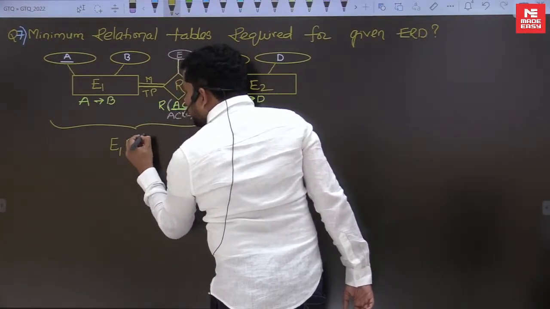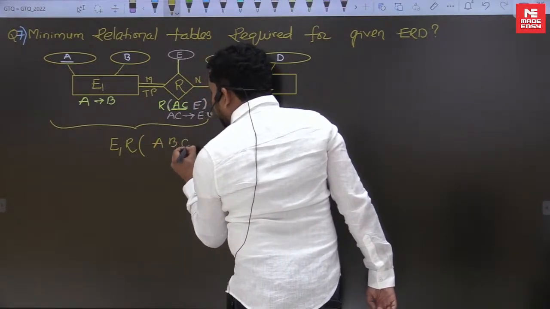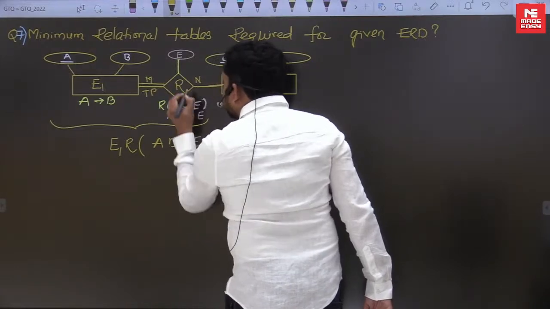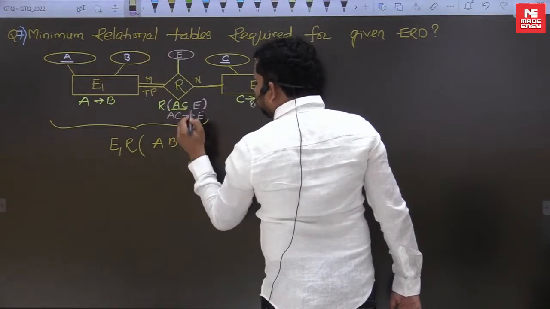Assume E1 and the relationship are combined together, so ABC, but here the FD ABE, because of this extraneous attribute E.